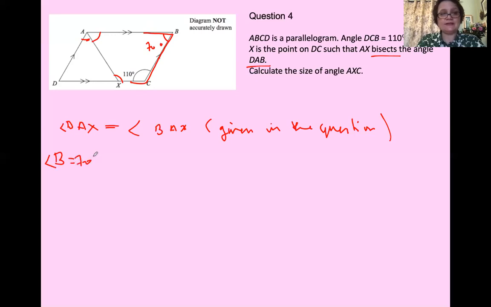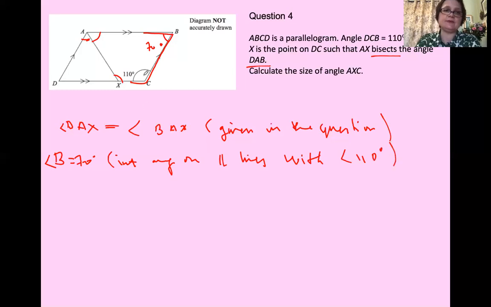And then you can say in brackets, interior angles on parallel lines, in this case with angle 110 degrees. It's interior with this angle here. So this is 70, this is 110. What else do you have?